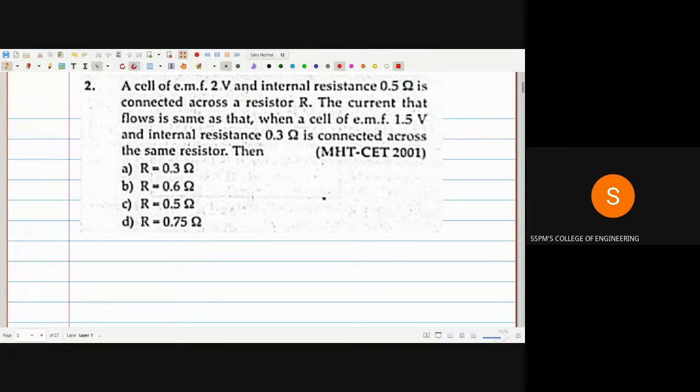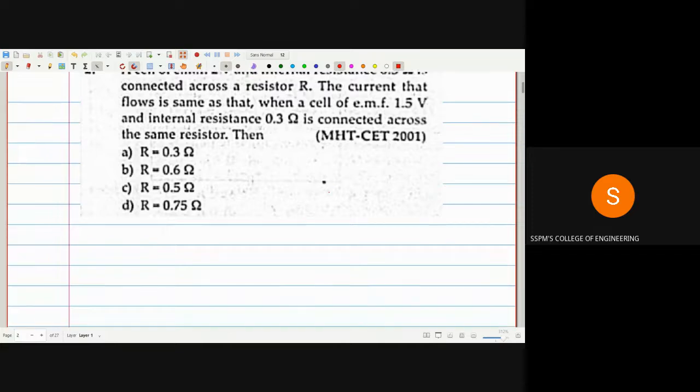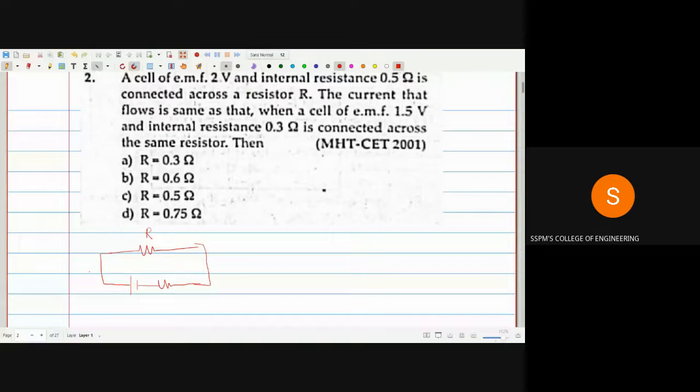Then what is R? इथं दोन केसेस दिलेले आहेत या एक्झाम्पल मध्ये. The first case is across unknown resistance capital R. The voltage source of internal resistance is connected here. आता तो व्होल्टेज किती आहे बघा, इथे पहिल्या केस मध्ये 2 volt आहे, isn't it? And internal resistance is 0.5 ohm. And how much current is flowing? Current दिलाय का इथे?